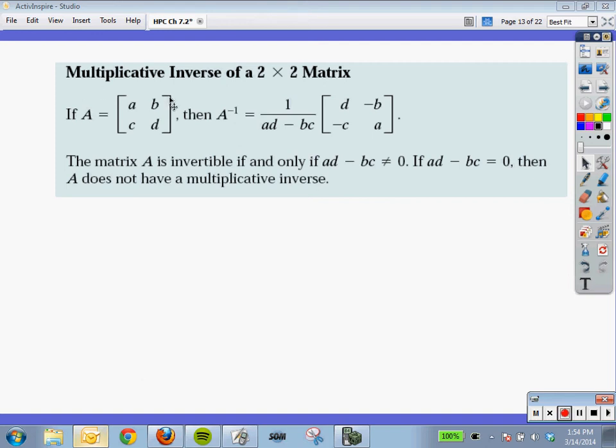It says here that if you have this matrix A with a, b, c, d, then you can find the multiplicative inverse by taking 1 divided by a times d minus b times c, and treat that as a scalar times this matrix here, with d in this position, the b now negative, the c now negative, and the a now in this position.